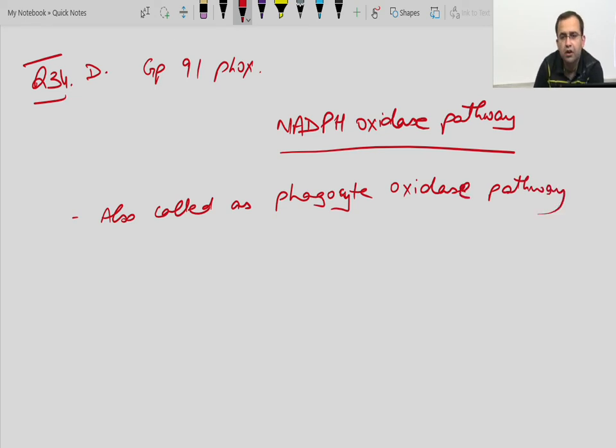First point. Next point, NADPH oxidase is a ROS mediated damage, reactive oxygen species mediated damage.